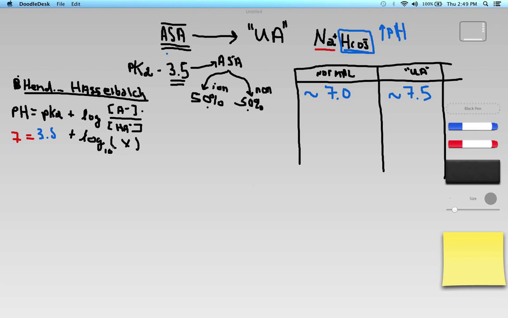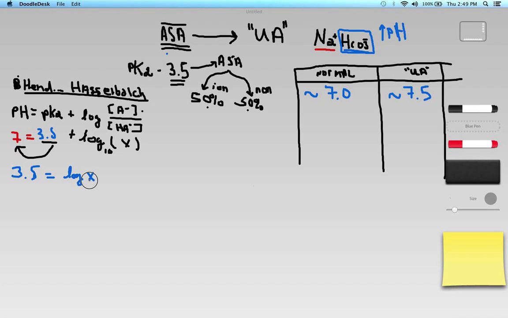Well, I can solve this fairly easily. I'll take this 3.5 and subtract it from 7. So 7 subtract 3.5 is 3.5, which equals the log base 10 of x.